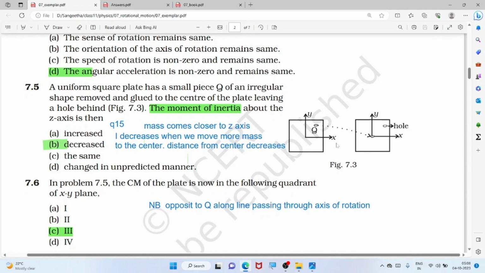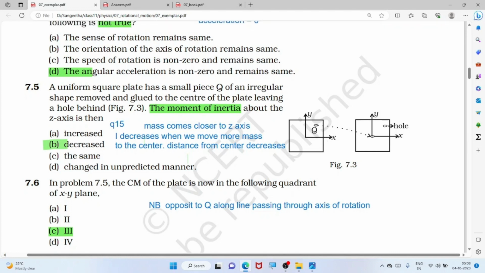Actually, when you move some mass toward the center, the moment of inertia will decrease, because the moment of inertia depends on the distance, which decreases. The new moment of inertia will move along the line connecting this point to the center of the axis, so it will decrease.